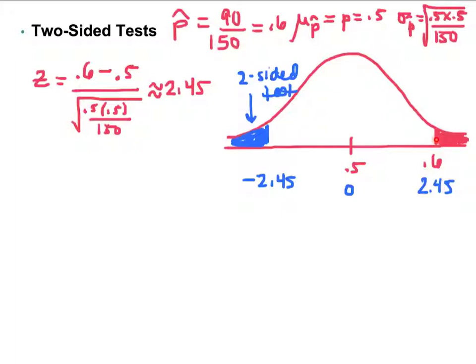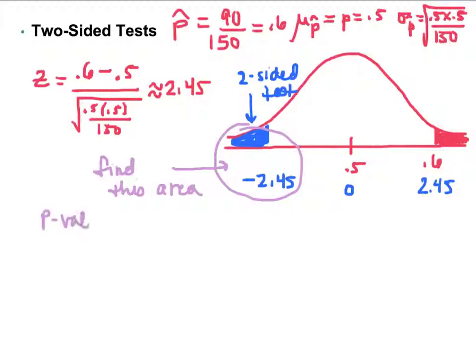So to find my test statistic, let me just get a different color pen here. To find this area, we multiply by 2.